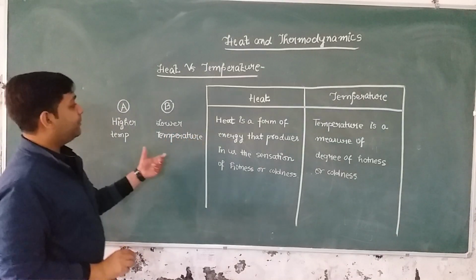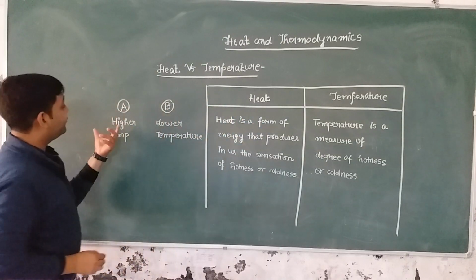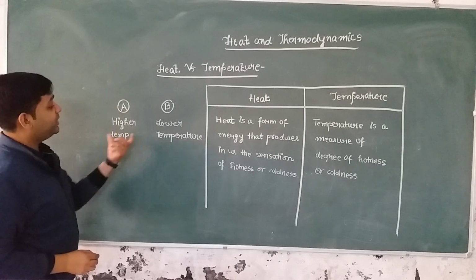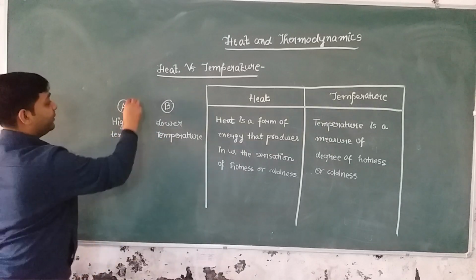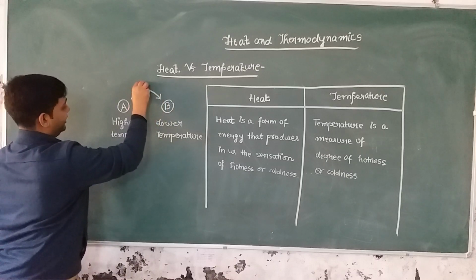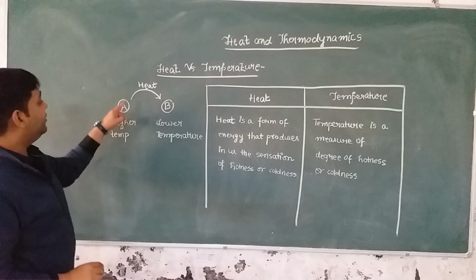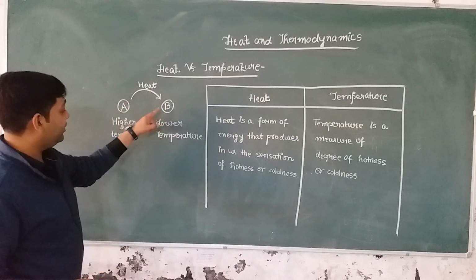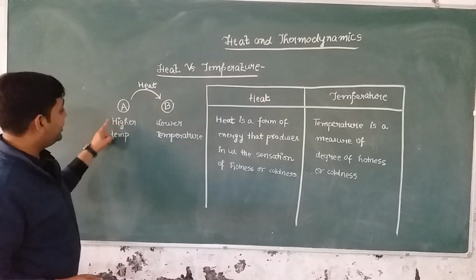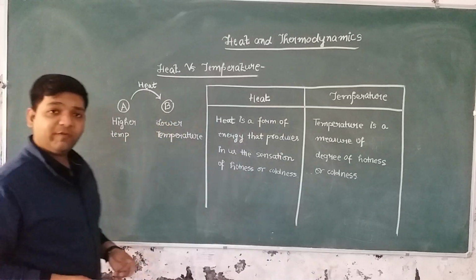So you need to remember that the transfer of heat always takes place from the body at higher temperature to the body at lower temperature. So this will be the direction of transfer of heat, from body A to body B. Why? Because body A is at higher temperature and body B is at lower temperature.